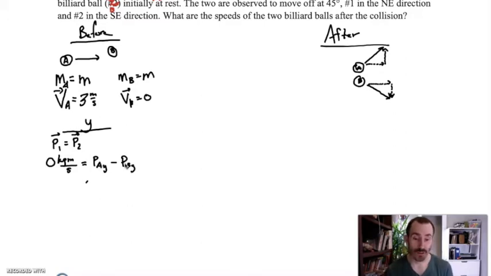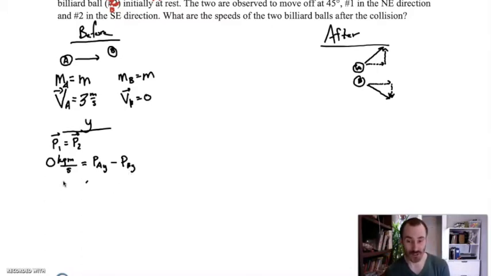This one's going north, this one's going south. It told us that in the question. So I've put the direction of that vector in here already. Okay, so the momentum of the ball A in the y direction is going to be equal to the momentum of ball B in the y direction.